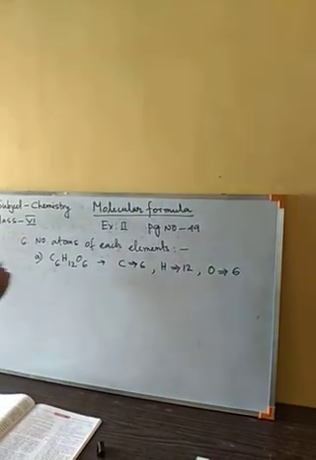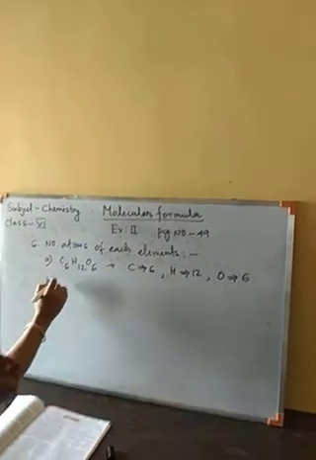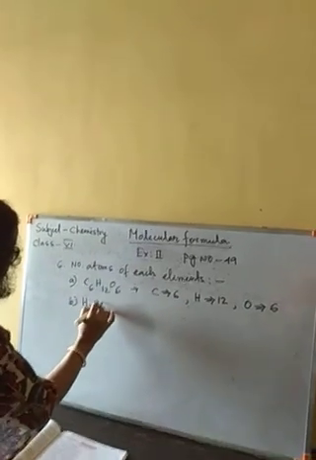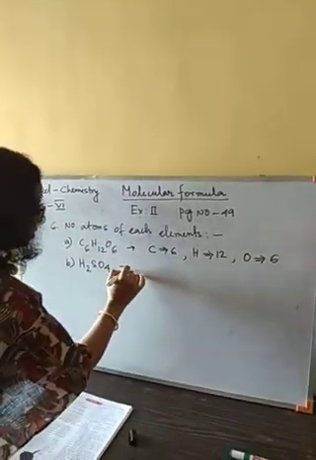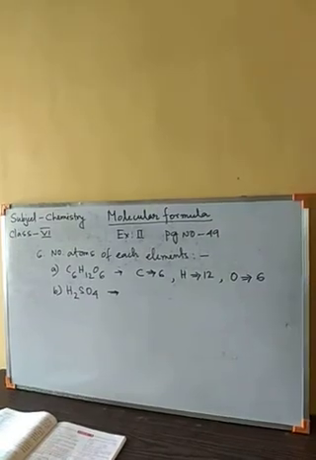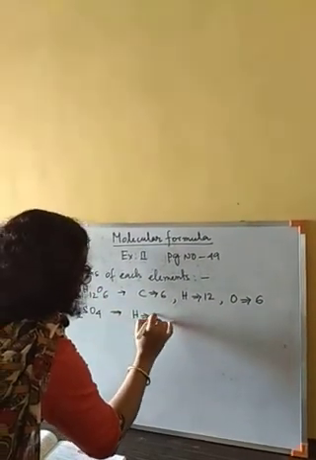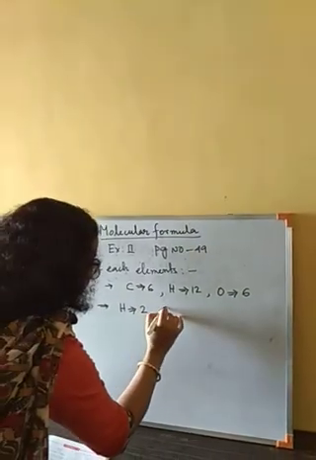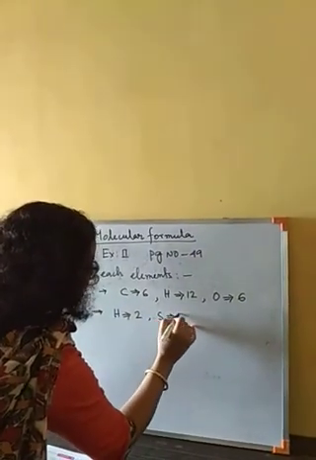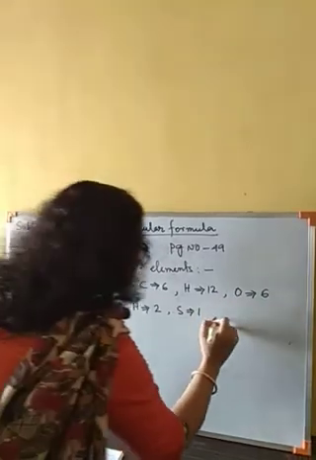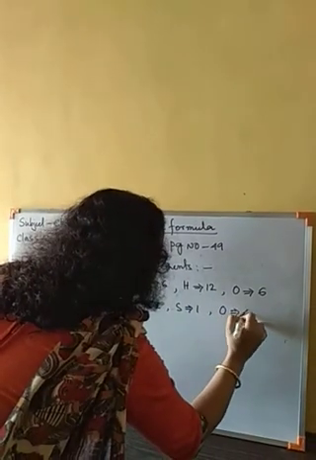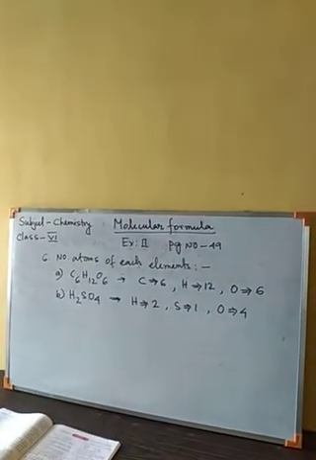Okay, next number B, H2SO4. This is the formula of sulfuric acid. How many hydrogen atoms are present? 2. How many sulfur atoms? 1 sulfur atom. And oxygen atoms, how many? 4.